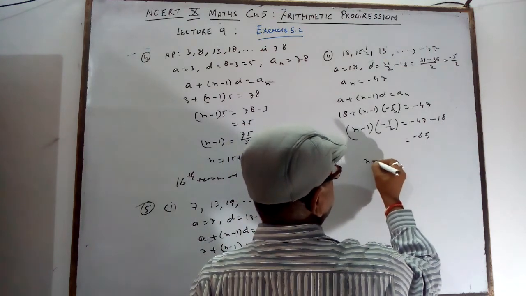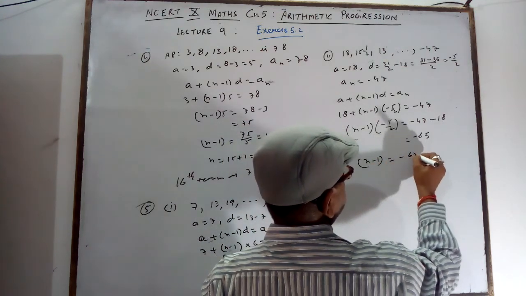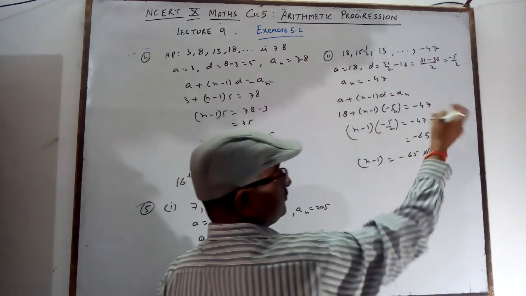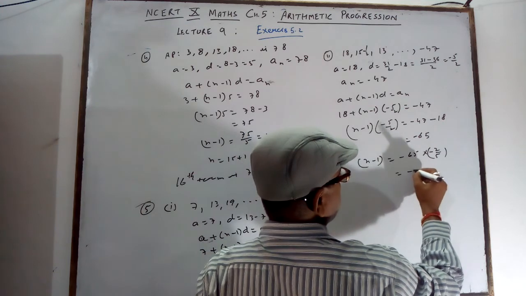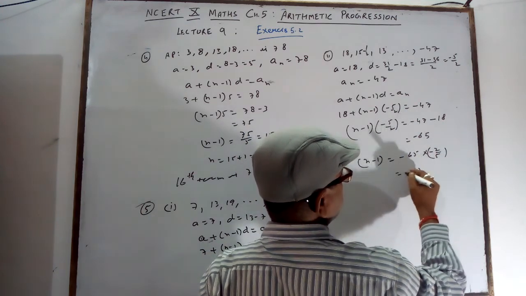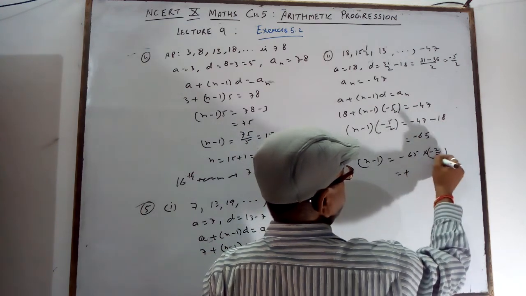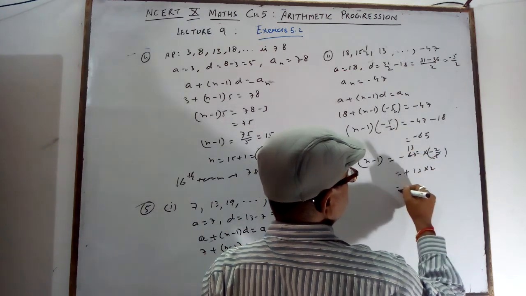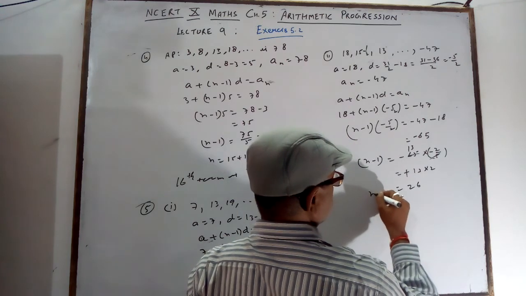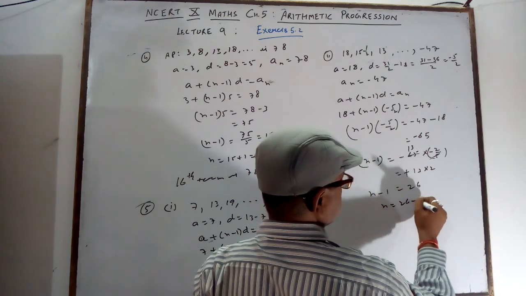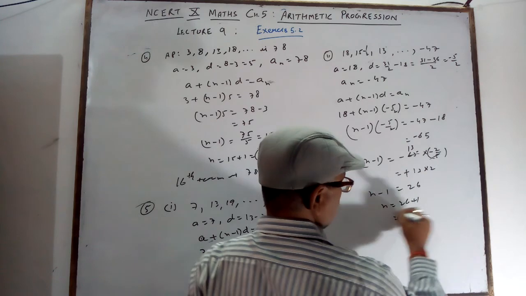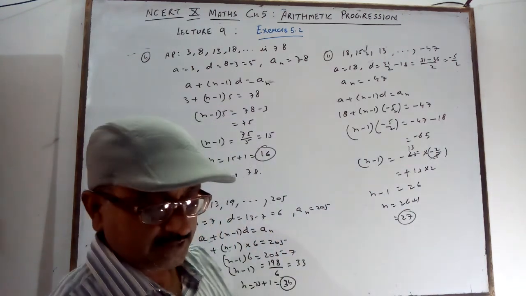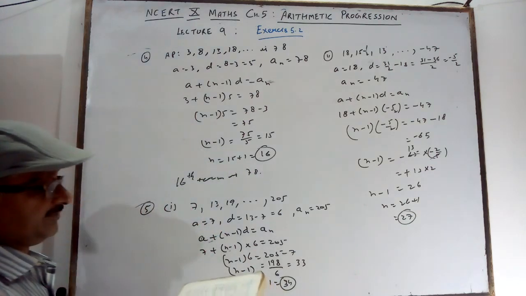So N minus 1 is equal to minus 65 into 2 by minus 5. The 5 by 2 will go to that side. So minus 13; minus into minus is plus. 5 1s are 5, 5 13s are 65, so 13 into 2, 26. So N minus 1 is 26, plus 1, that is 27. How many terms are there in this AP? This AP has a total of 27 terms.